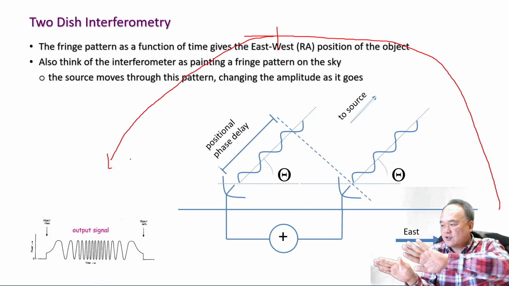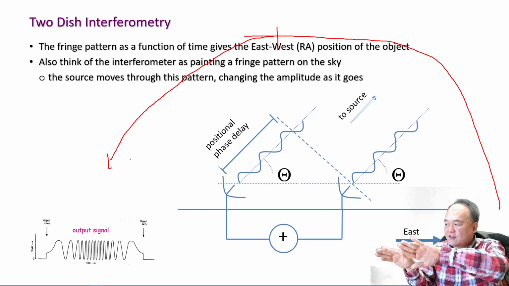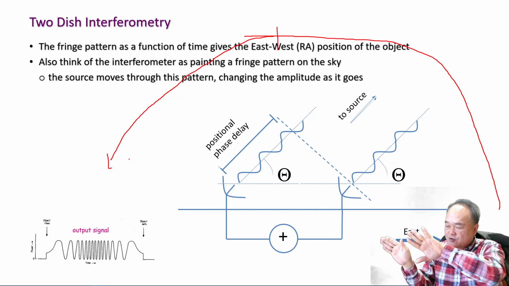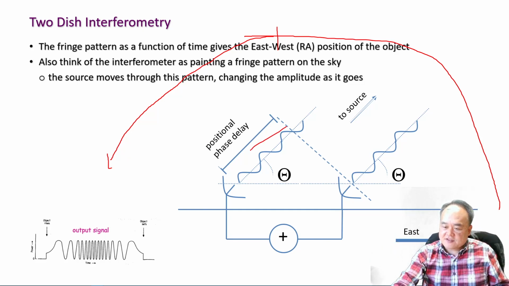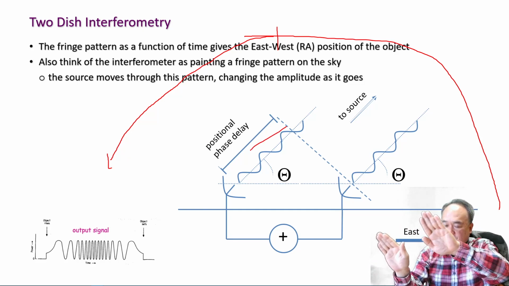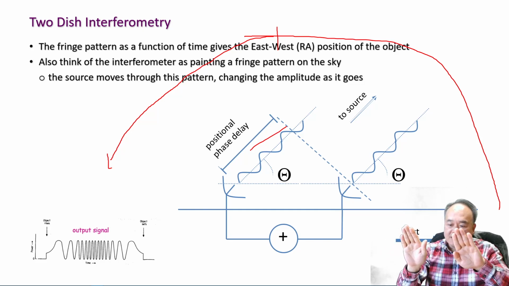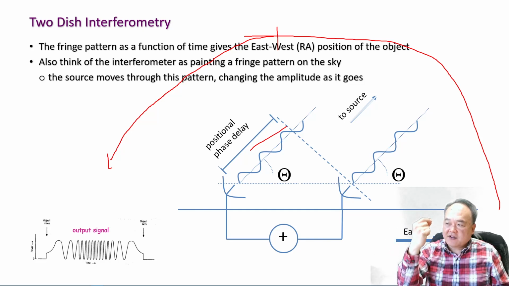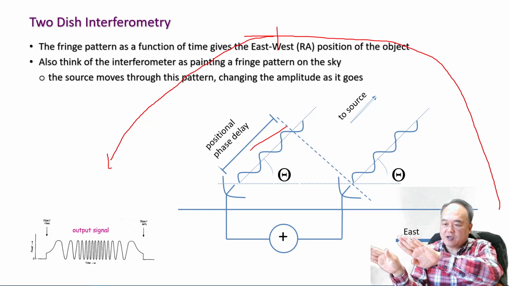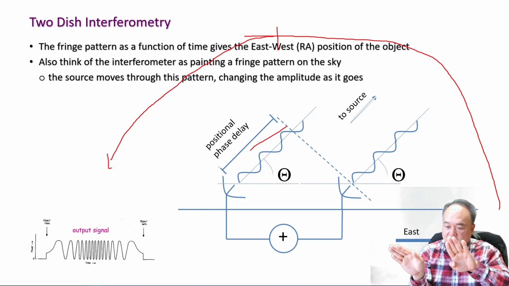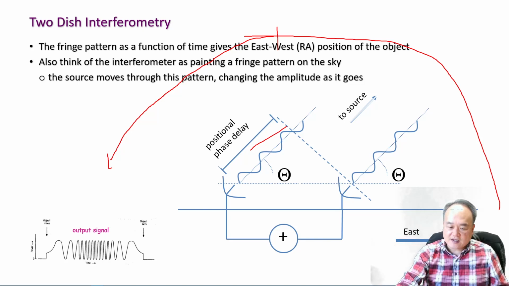So when we track this object with the two radio telescopes, its effective path length difference is changing over time, right? Because of this, the interference pattern's frequency and amplitude are also changing as a function of time while we are observing this single object using the two-telescope array.